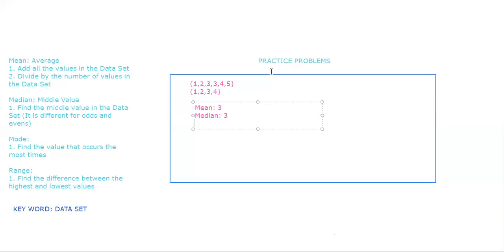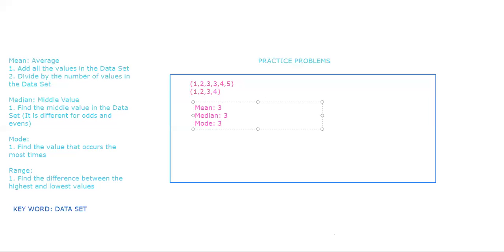Now onto our mode. The mode is the value that occurs the most times in the dataset. In this dataset, the first one above, the 3 is the one that occurs the most times. You can see that very easily. So our answer is 3. But like I said, we're going to use the second bracket to find out why sometimes there is no mode.